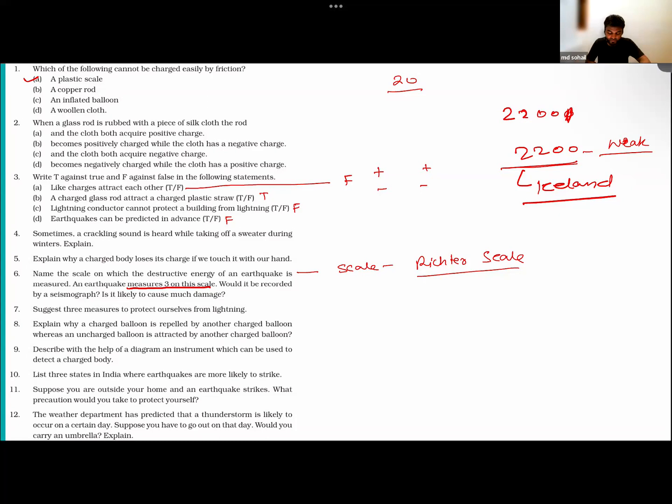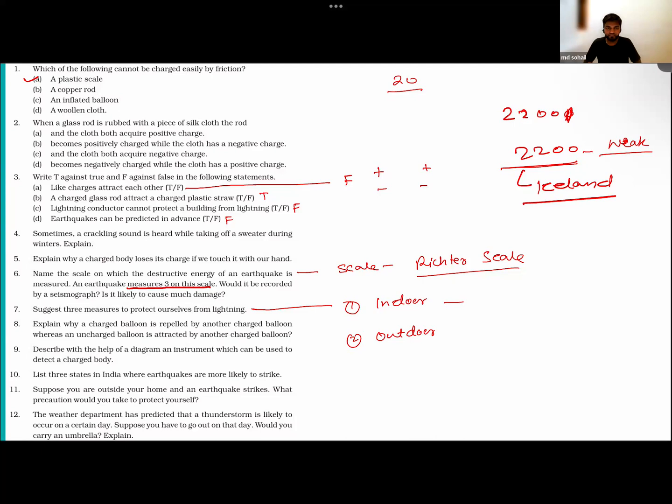Suggest 3 measures to protect ourselves from lightning. What precaution shall we take? If we are inside a building, then we should avoid bathing and avoid touching any electric appliances. We should unplug all the electric appliances. If we are outside, we should look for a lower place, because lightning usually looks for a tall place to fall.